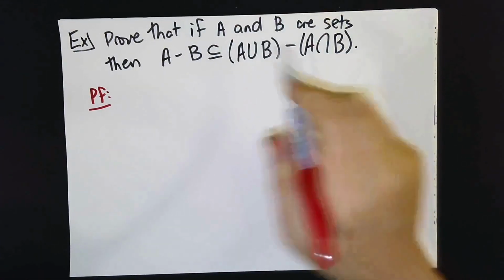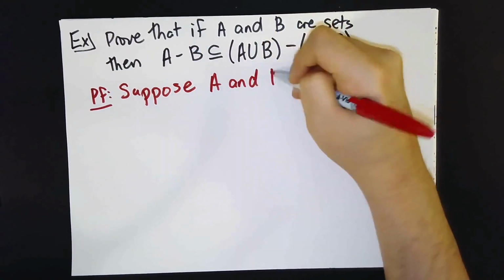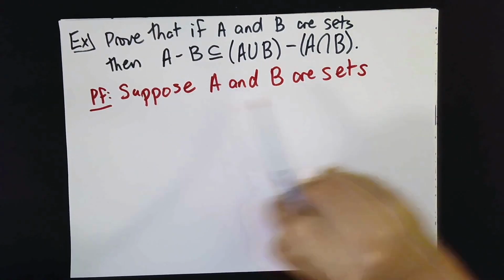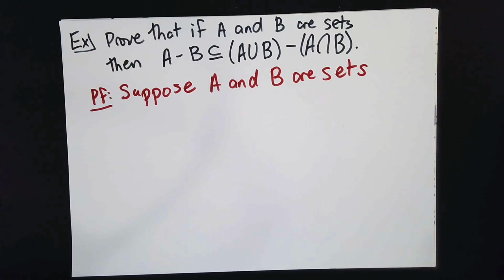So I'm going to start by supposing A and B are sets. But what else do I have to suppose? If you didn't pause to write this down, at least answer this question. What else do I have to suppose before I can start this question?